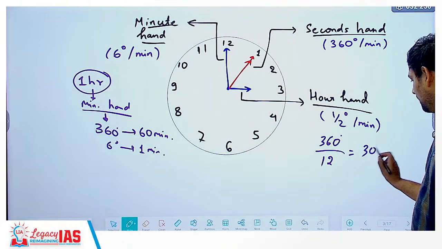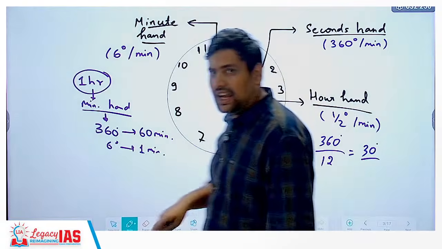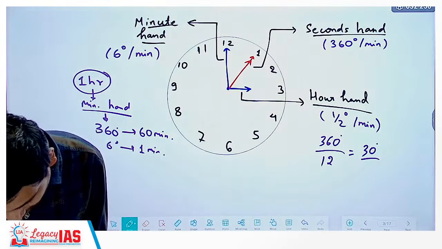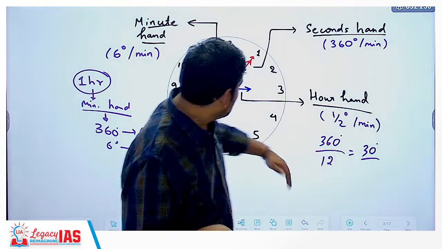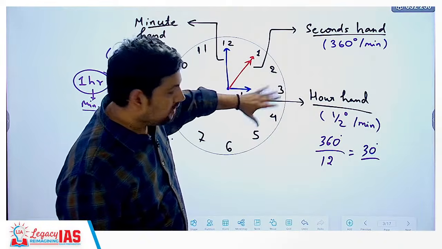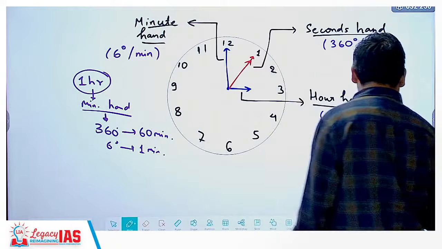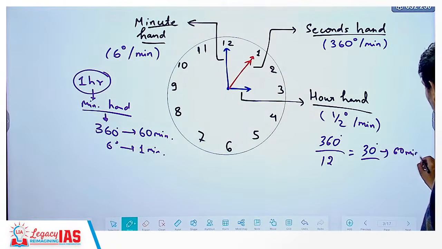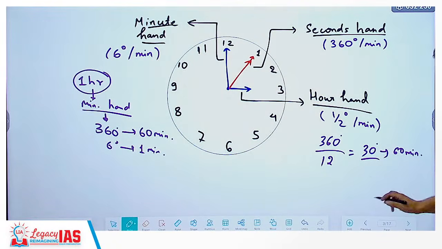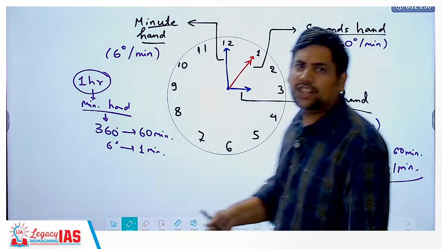You get 30 degrees. That means the angle that the hour hand will cover from 3 o'clock to 4 o'clock is 30 degrees in 60 minutes. So of course it is half a degree in 1 minute, and that is why the speed is half a degree per minute.